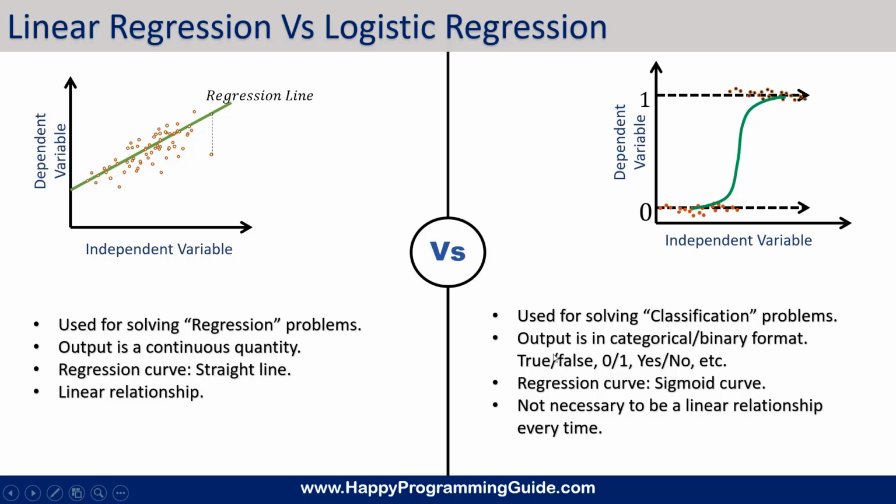In linear regression, the regression curve is a straight line, whereas in logistic regression, the regression curve is a sigmoid curve. In linear regression, the relationship is linear, whereas in logistic regression, the relationship need not be linear every time. So guys, that was the difference between linear regression and logistic regression.